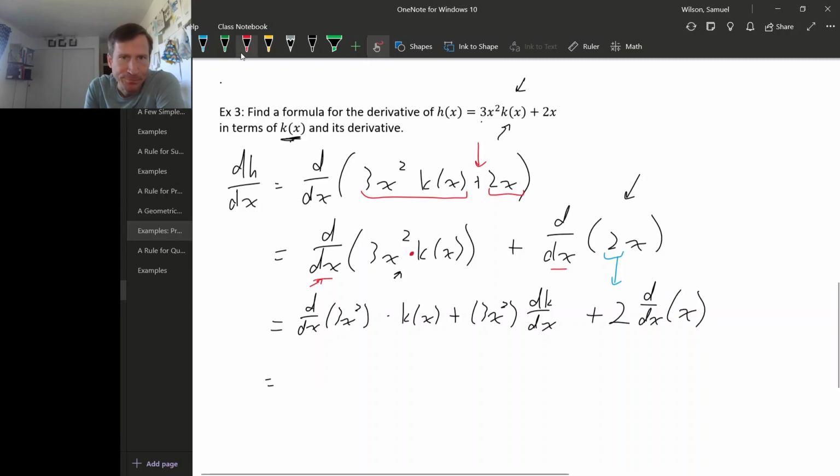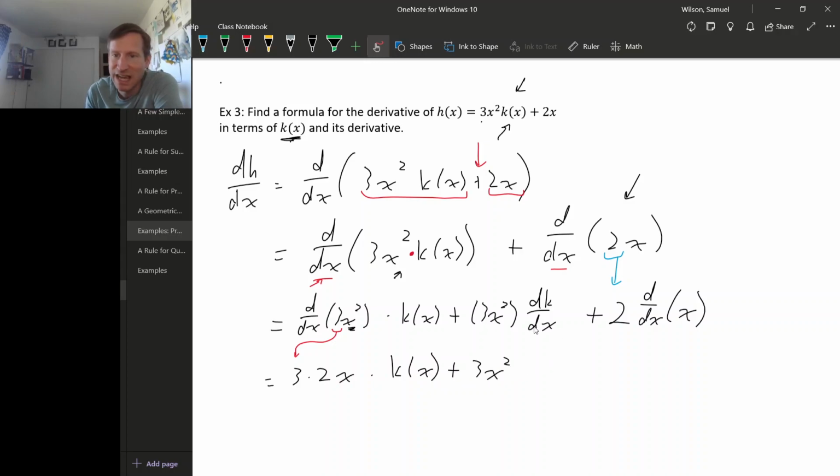Okay, so over here, derivative of 3x squared, this constant multiple 3, we can move that outside, and then multiply by the derivative of x squared, which is 2x, times k of x plus 3x squared times dk dx.